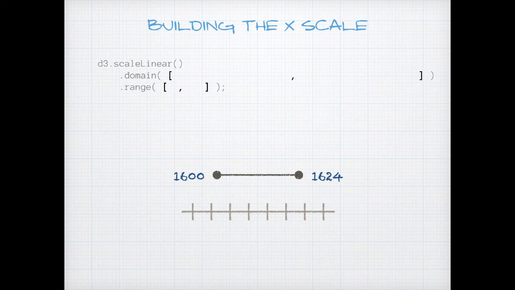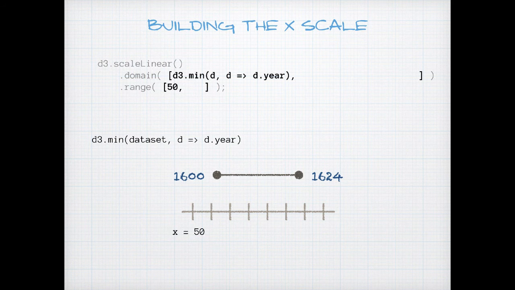Right, let's do the same thing for the X scale, but we'll fill it in slightly differently. Obviously, my domain is a number of years, from 1600 to 1624. My range is going to be a series of X coordinate pixels, and we remember that the X-axis goes from small numbers on the left to large numbers on the right. So my low number for years is going to be D3 min, and that's going to correlate to X equals 50.